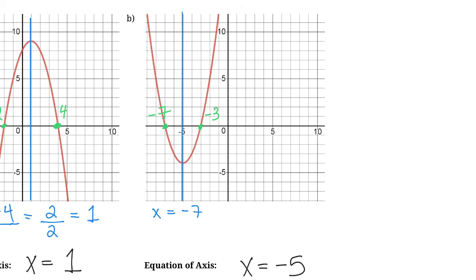So (-7 + -3) / 2. So -7 plus -3 is -10. -10 divided by 2 is -5. So if you aren't given a graph, but you do have information about your x-intercepts, you can go ahead and calculate the equation of the axis of symmetry.